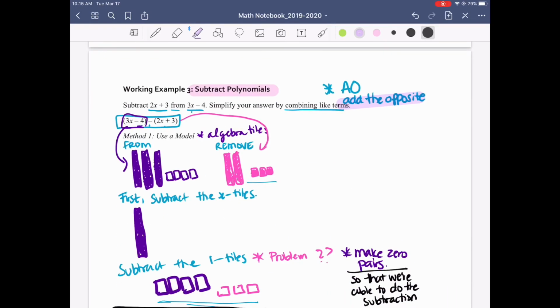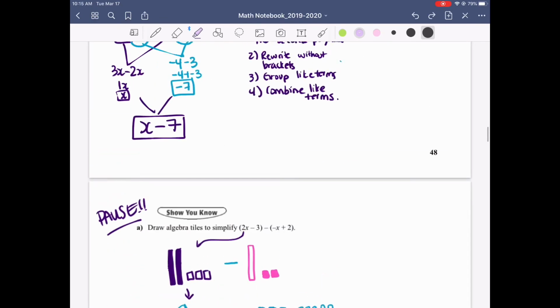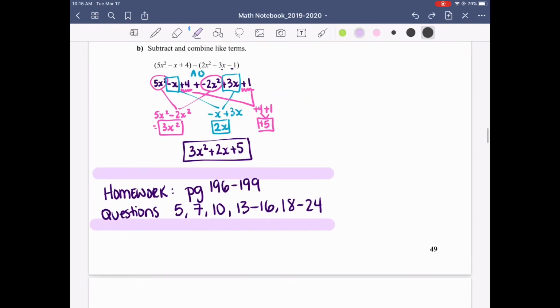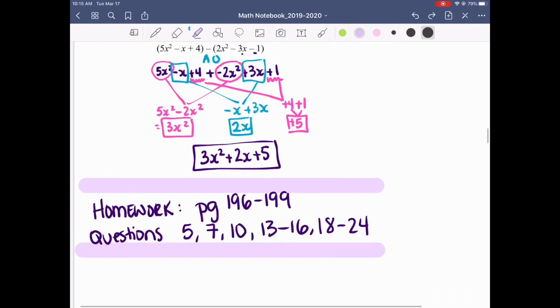Once you add the opposite and then you have addition, what does that mean? That means you're doing combining like terms again. So that's why it's always the last step, because we always want to get to that point.